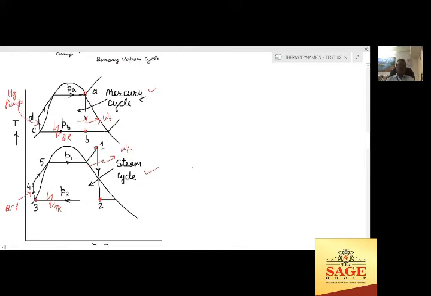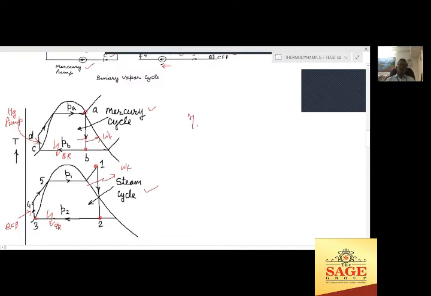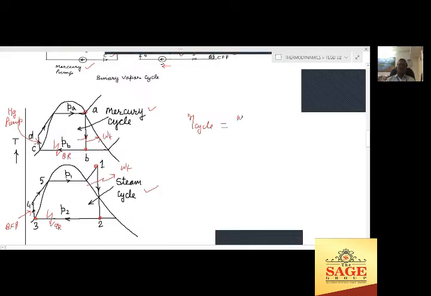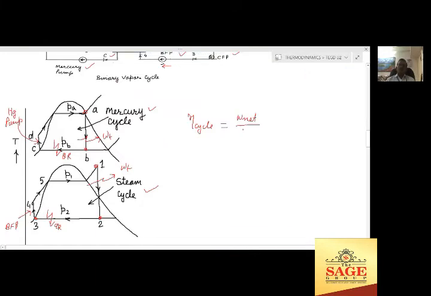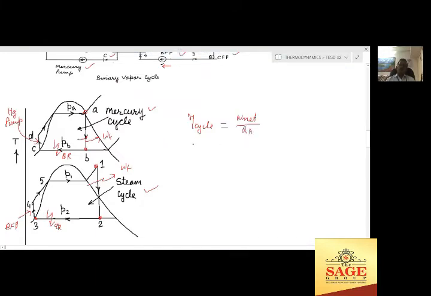Now we can write how to get the efficiency. As we know, the efficiency of the cycle can be written as W net by the heat added, which is QA. What is W net? It is the net amount of work done.